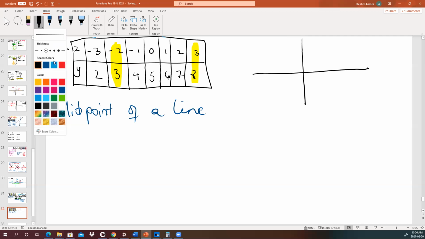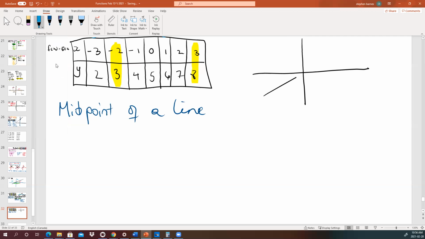All right. So let's say we have this line. Let's say this is our line. As before, it is going to be the midpoint of a particular boundary.